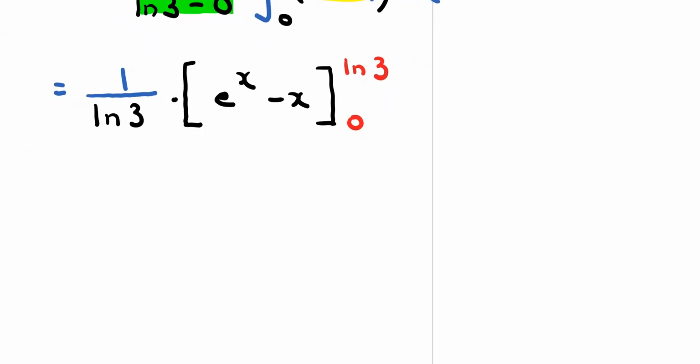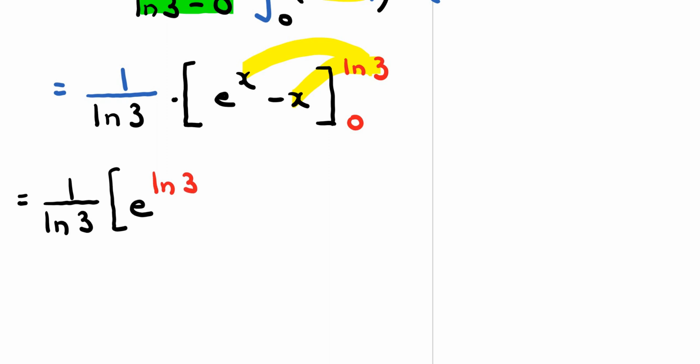Now we need to apply the fundamental theorem of calculus here. It states that your upper bound gets inserted first. So this will be 1 over ln 3, and this will be e to the power of ln 3 minus ln 3, and then you need to subtract.